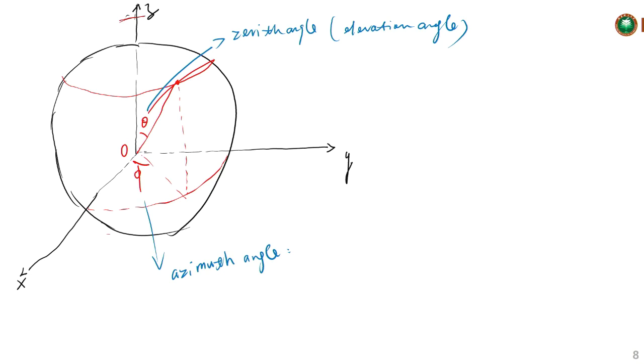From here, if the source is at the origin, the power density, the Poynting vector, is going to propagate along which direction?